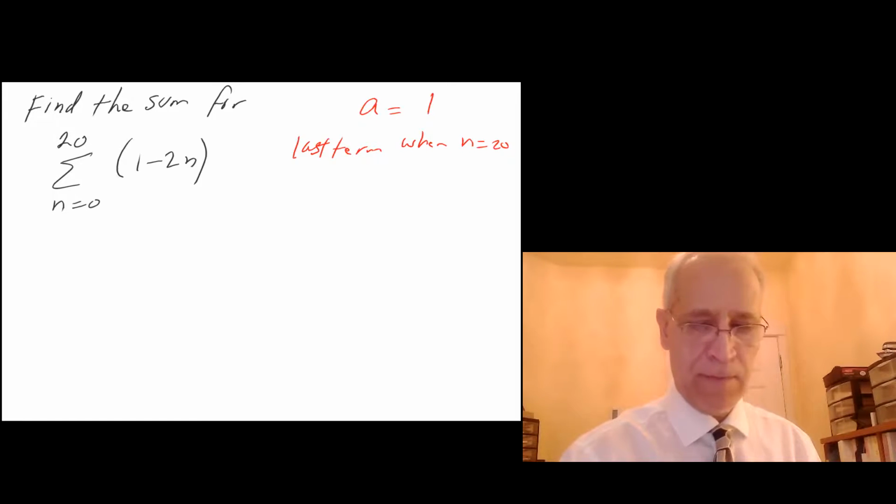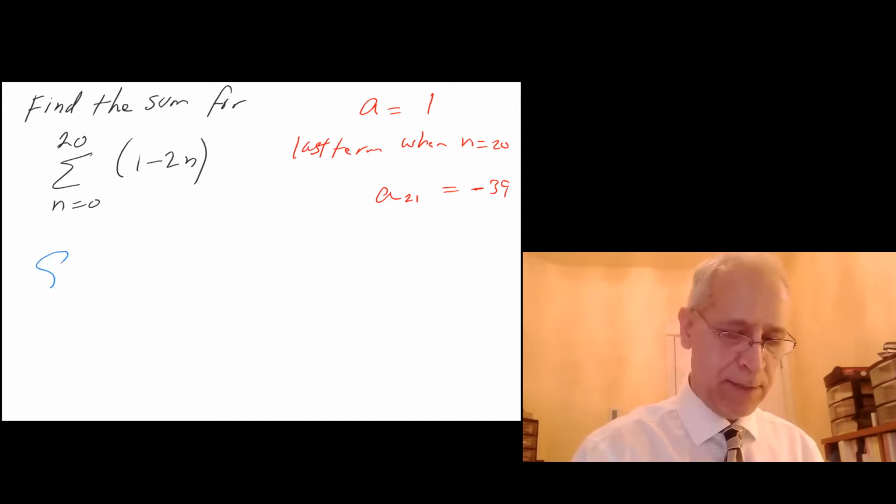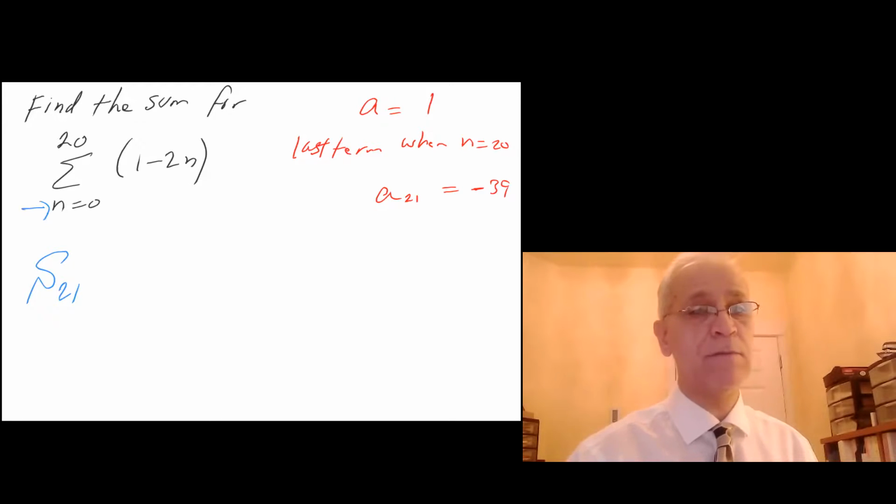So the last one, a sub 21 equals negative 39. Now S sub 21, and why 21? Once again, because I'm starting from 0.